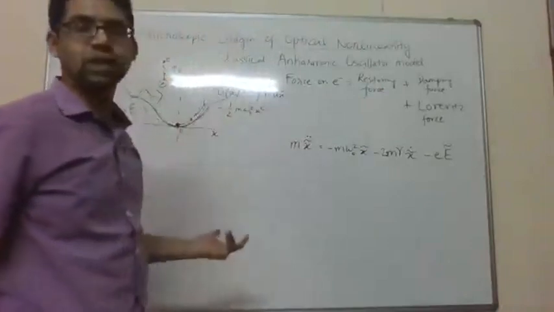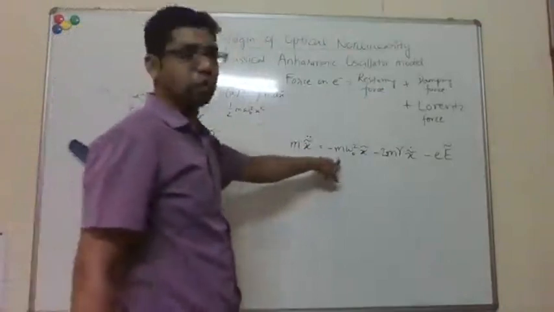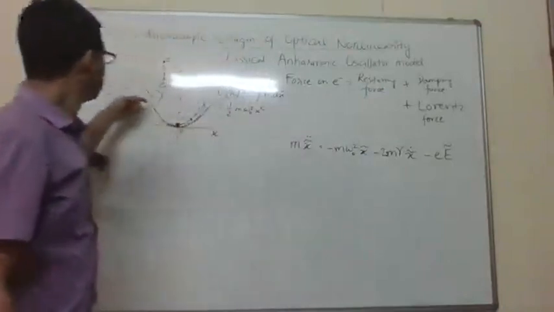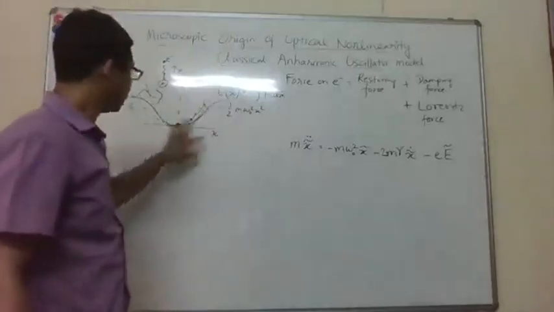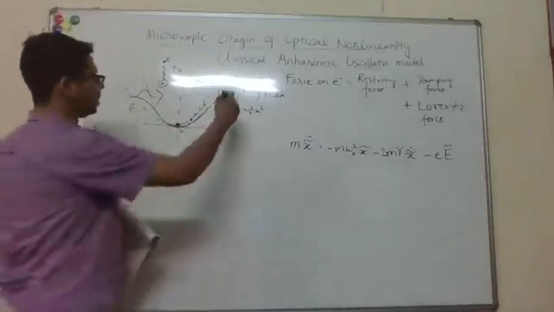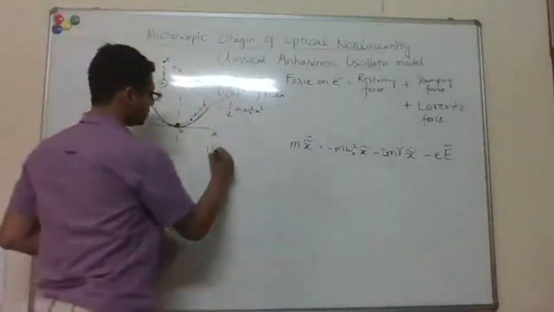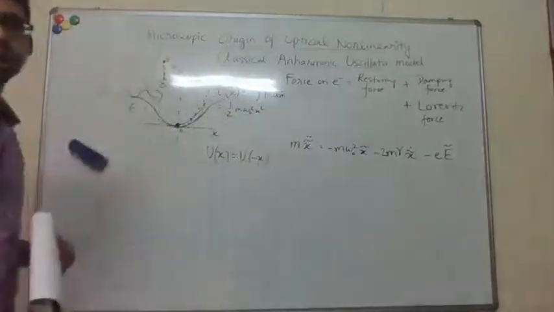Okay, but if you are considering centrosymmetric materials, then you don't have that component of the force, right? Because a centrosymmetric material by definition means that the potential well is symmetric about the origin, right? So it's inversion symmetric, which means u of x has to be equal to u of minus x, right?